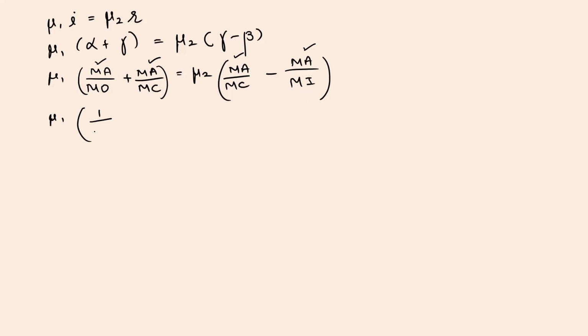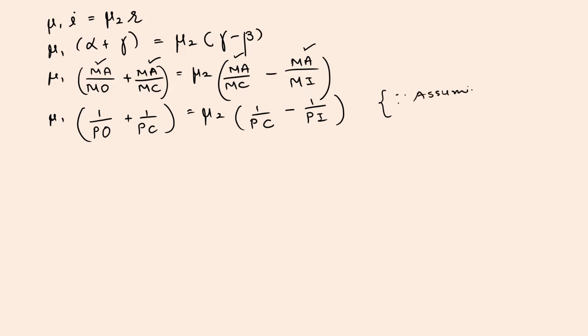So I can clearly see MO, but instead of MO I'm going to put PO directly. Why so? That also I'll explain. We are going to assume M and P are close, so that means we can replace MO by PO.